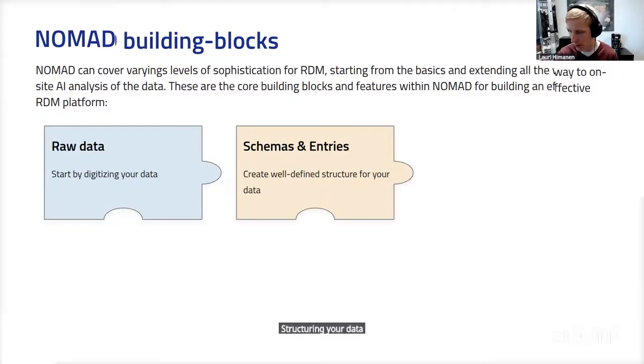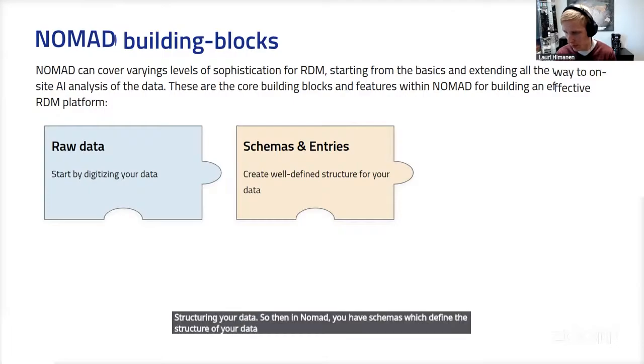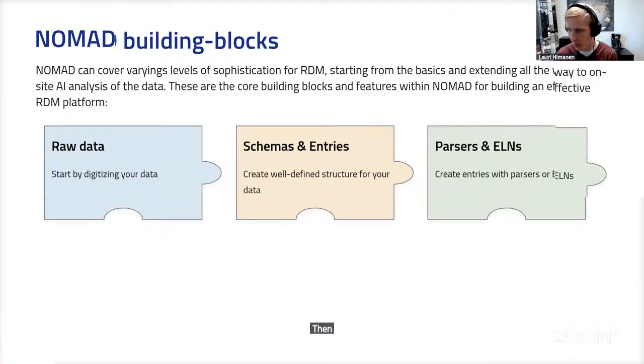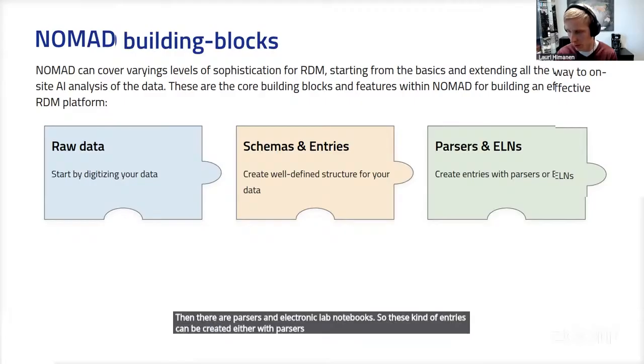So then in Nomad, you have schemas which define the structure of your data, and entries that follow some schema and are extracted from your data. We will take a look at what this means in just a second. Then there are parsers and electronic lab notebooks. These entries can be created either with parsers or ELNs. We will also have a look at what this means.